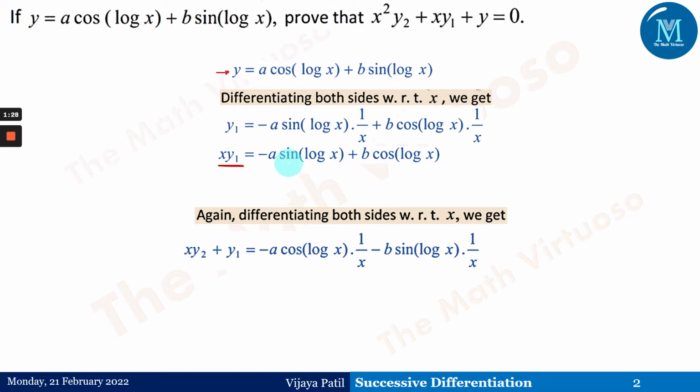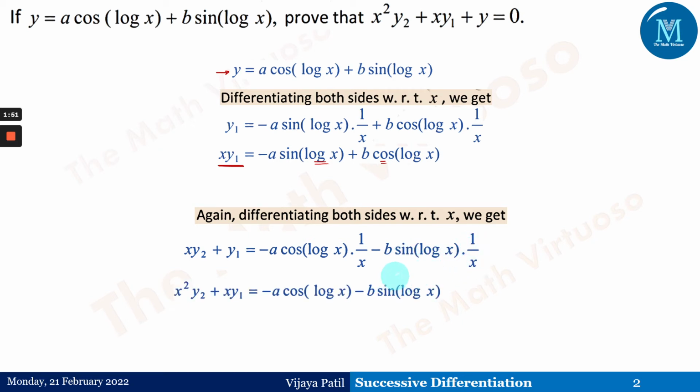On the RHS, the differentiation of sine is plus cos, so minus a cos of log of x into 1 by x, again because of the differentiation of log of x with respect to x. Then, we have got a cos in the previous step, so the differentiation of cos is minus sine, so minus b sine of log of x into 1 by x.